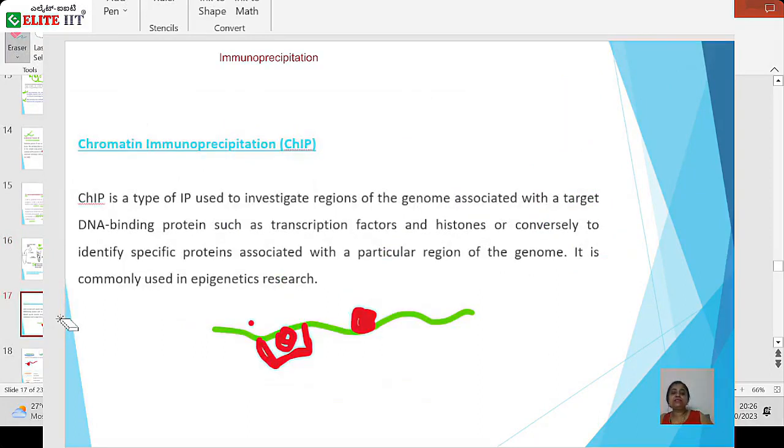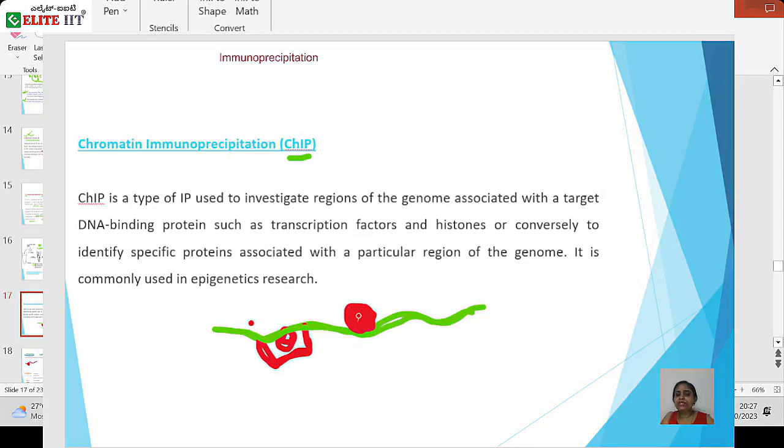Now the next process is chromatin immunoprecipitation, or CHIP. Try to remember the short form. What is chromatin? Chromatin means double stranded DNA plus a few proteins, especially histone proteins or any other protein.